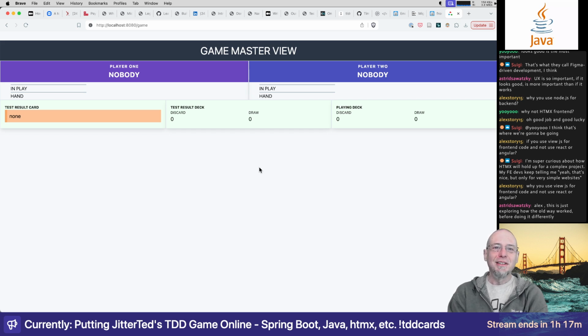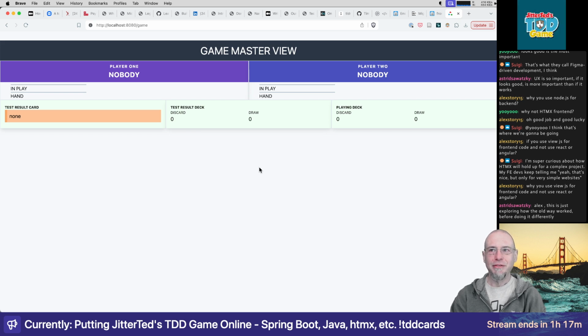Suiji says, curious how HTMX will hold up for a complex project. Like, it's just fetching. I don't understand the claim that it's only for simple websites.